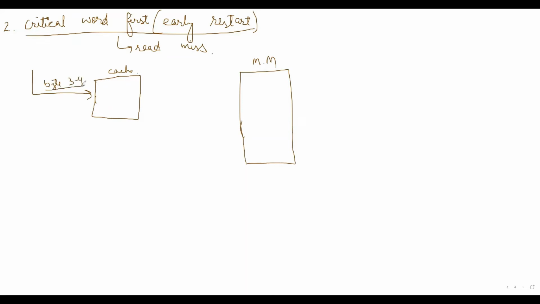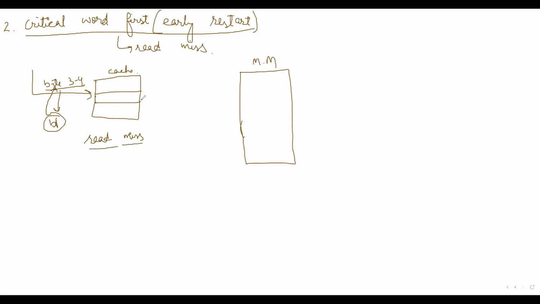Let's say these bytes are there in block 1, and block 1 is not in the cache. Okay, so there is a read miss. What I mean to say, read miss, is that my processor wanted this particular block, and in this block it wanted these 2 bytes, but this block is not in the cache, so there is a read miss.